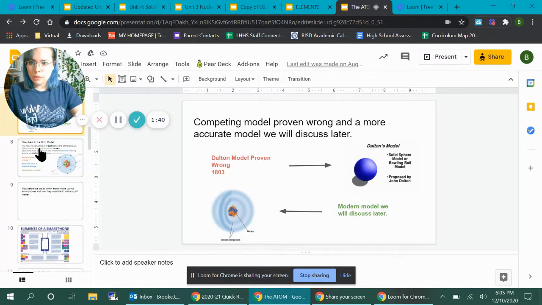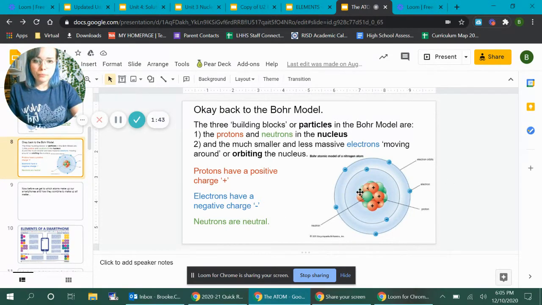So remember Bohr models? Remember when we were making Bohr models? You put the nucleus in the middle, which is the protons and the neutrons, and then you put the electrons in outer rings. When we're talking about Bohr models, the first ring is going to be 2 electrons, the second ring is going to be 8, the third is 18, and 4, 5, 6, and 7 are 32.